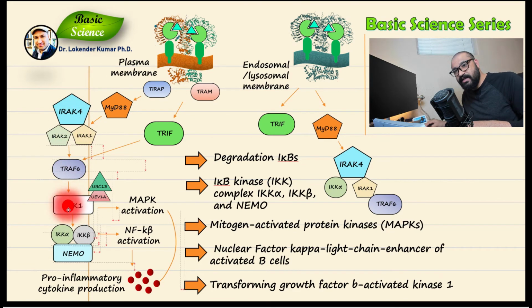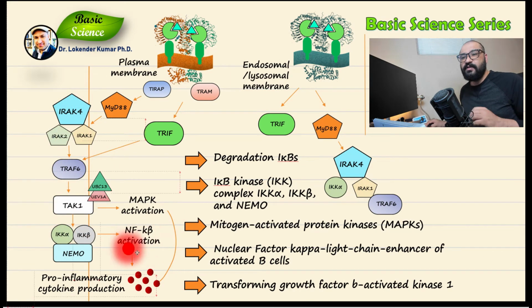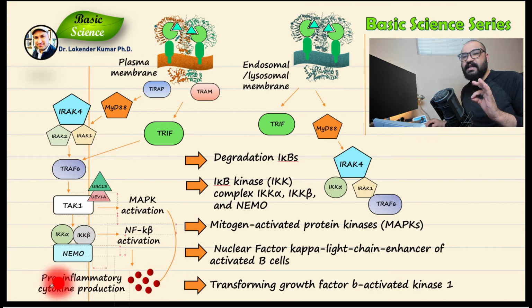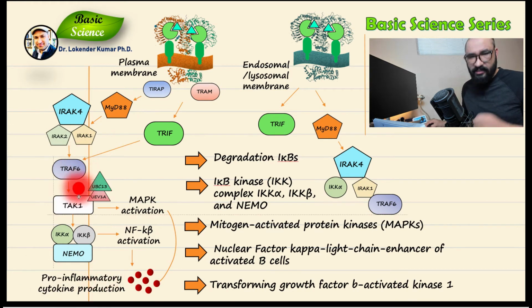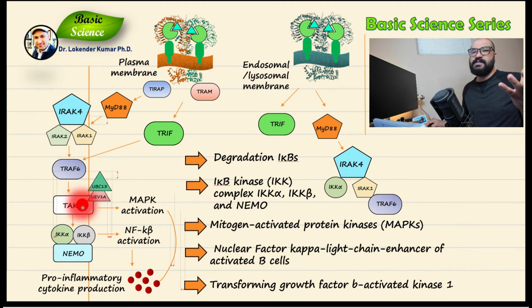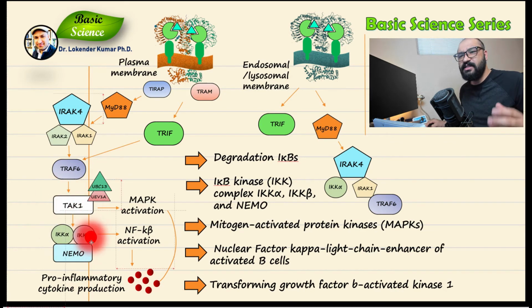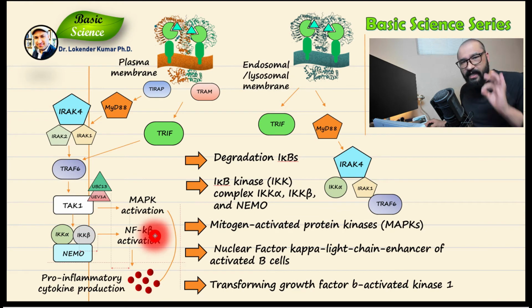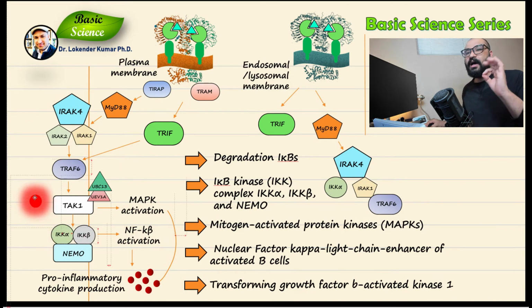Because of this activation pathway, you get nuclear factor kappa B activation by degrading those inhibitory molecules, and then you get the transcription of these particular cytokines. I just wanted to introduce you to the signaling without going into much detail of the NF-kappa B signaling, but I will definitely make videos on this specific signaling system because it's very, very important in any intracellular signaling pathway.